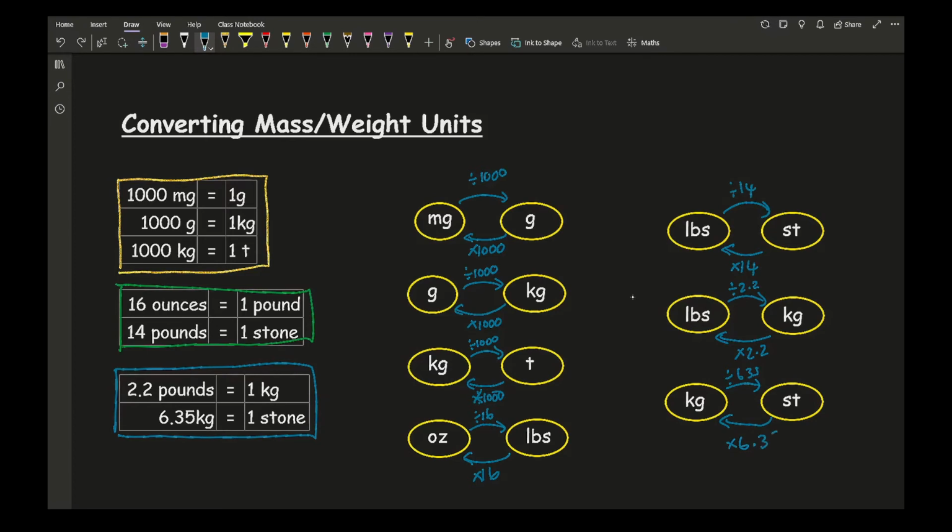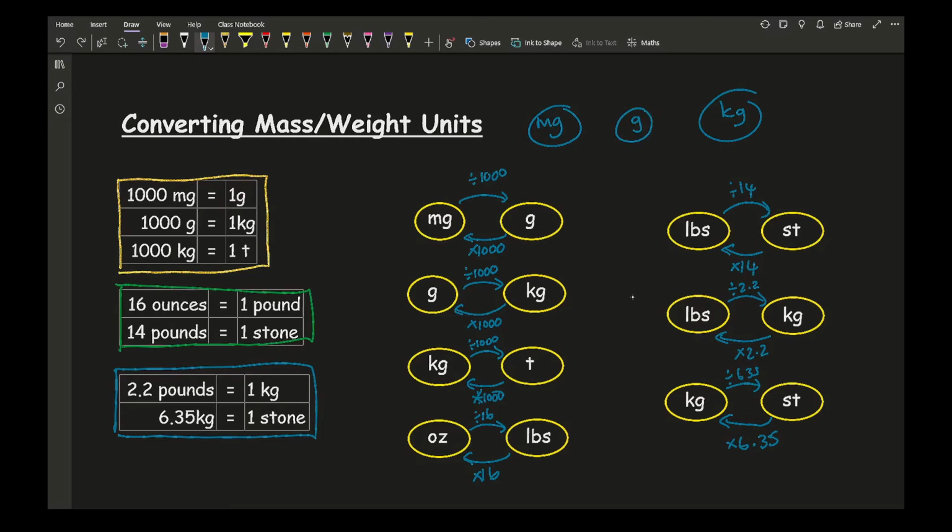Now, if you had a question that wanted you to convert milligrams to, let's say, kilograms, then one way of doing this is to find the intermediate. Now, there is no ratio that I've drawn here that goes from milligrams to kilograms. So what I need to do is add grams in there.